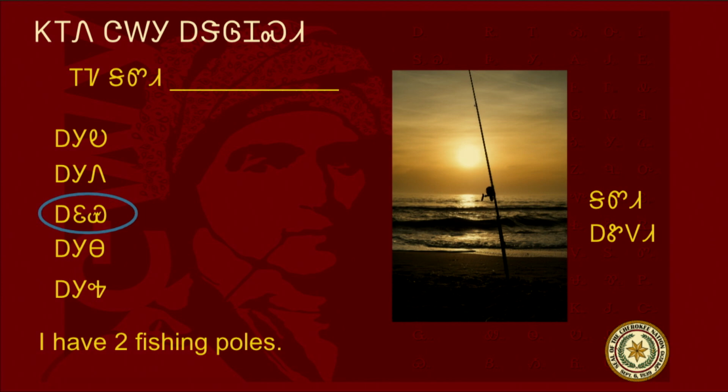And so then I would say da guya, because aguya means I just have one thing, right? Da guya means I have more. So tal yiga, di gatud, da guya. I have 2 fishing poles, okay?